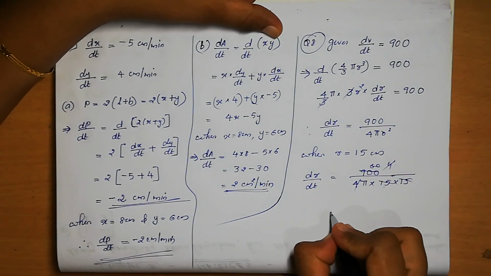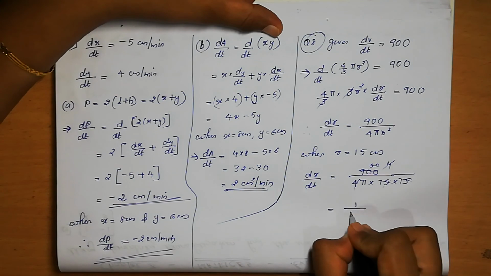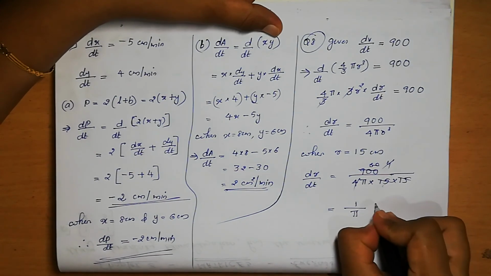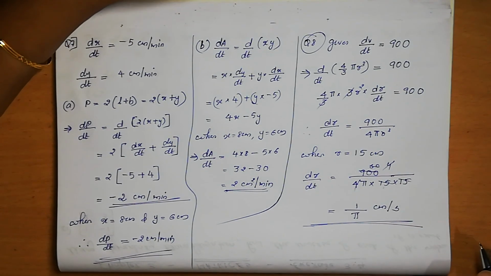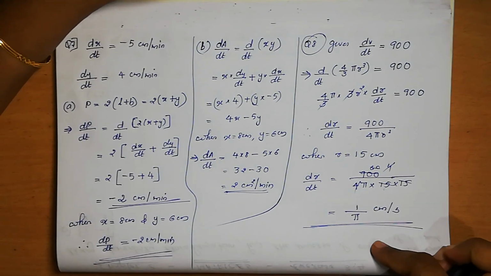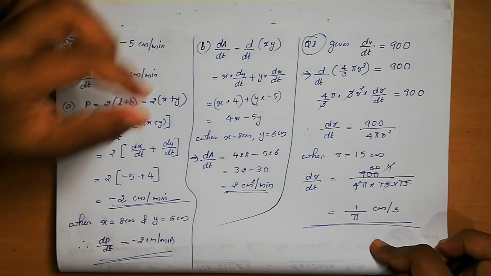So what will we get? 1 by pi. 1 by pi unit. Radius is centimeter per second. So what can we write? The radius of the balloon is increasing at the rate of 1 by pi centimeter per second. We can write the answer.